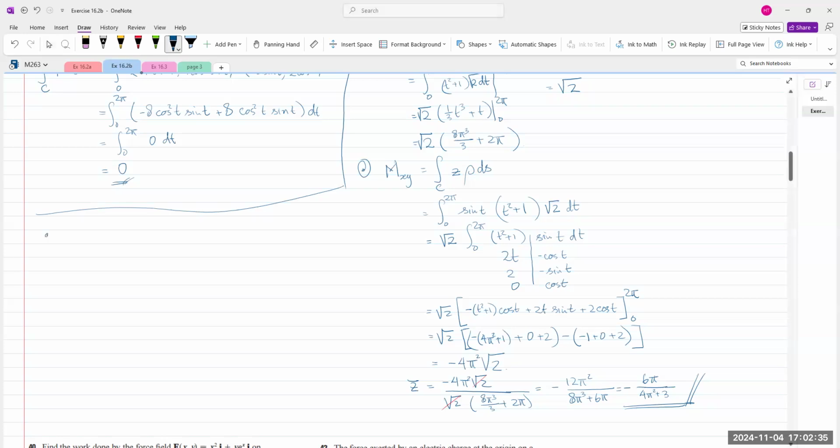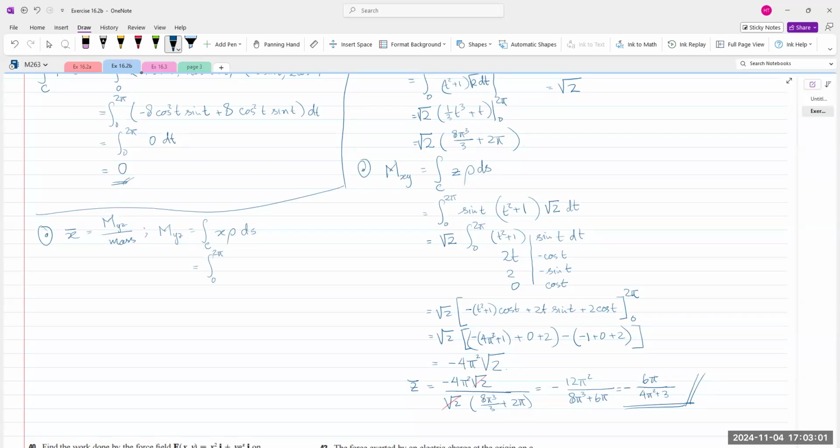Then how about if I want to find x bar, then that will be the moment with respect to yz plane over the mass, right? But the moment with respect to yz plane is that integral over curve C of x rho ds. What is our x? It's from 0 to 2 pi.